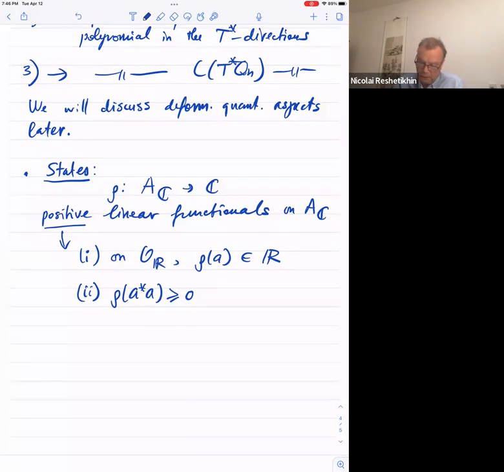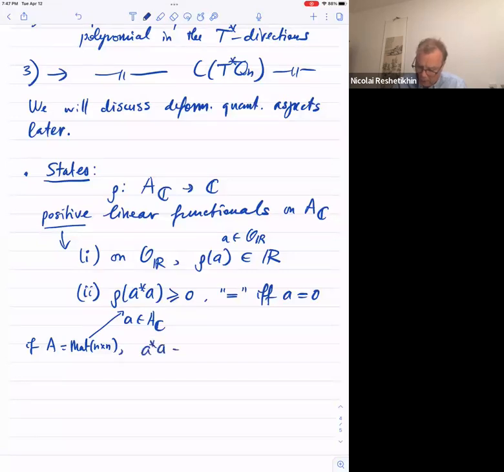So you see, on elements of this type, A doesn't have to be self-adjoint; here A is really from here, and here A is from the algebra. And it's equality if and only if A is 0. So you see, if A is the space of n by n matrices, then A star A are matrices with non-negative eigenvalues.